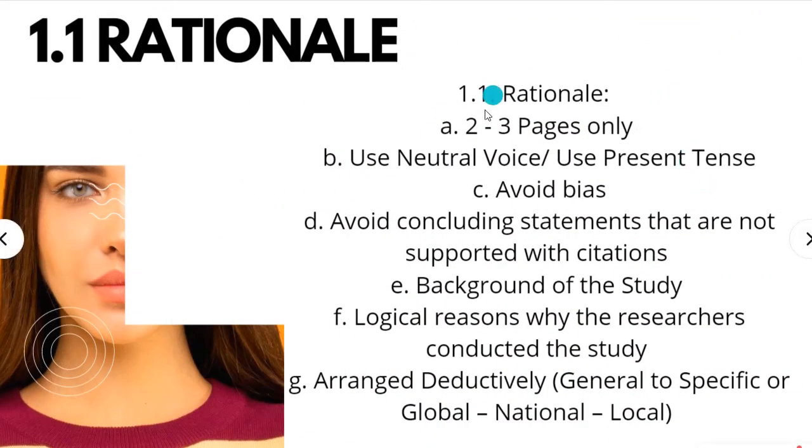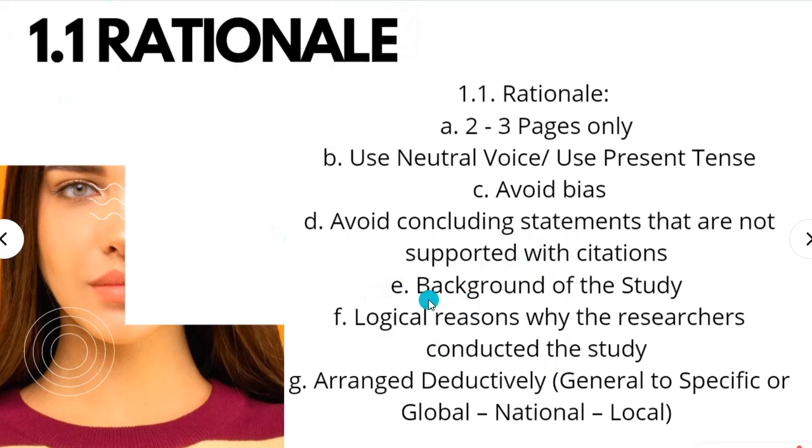And remember that the rationale is just 2 to 3 pages only. Use a neutral voice, use the present tense, avoid bias, and avoid concluding statements that are not supported with any citations.